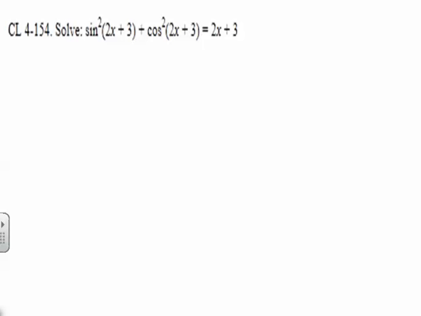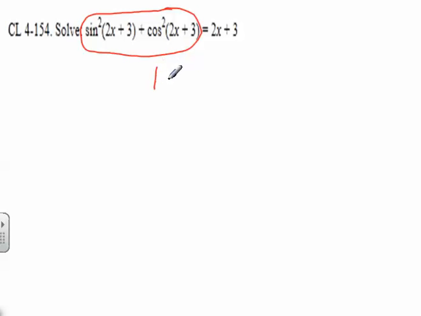All right, and to the next problem. This one, it looks very scary. I've got a huge looking problem. Sine squared of that, cosine squared of that equals that. Okay, the nice part is, if you remember the fundamental Pythagorean identity, all of this reduces to what? Well, a sine squared of anything plus a cosine squared of the same thing always equals 1.